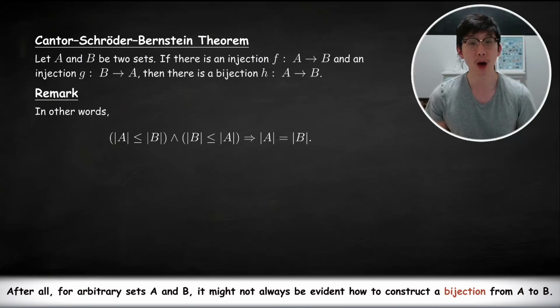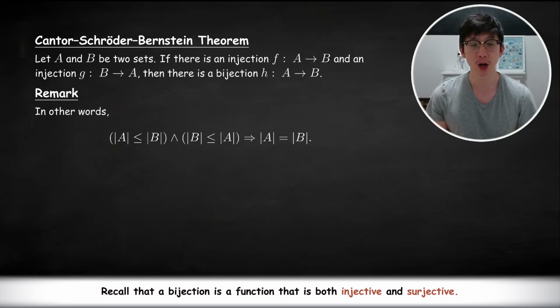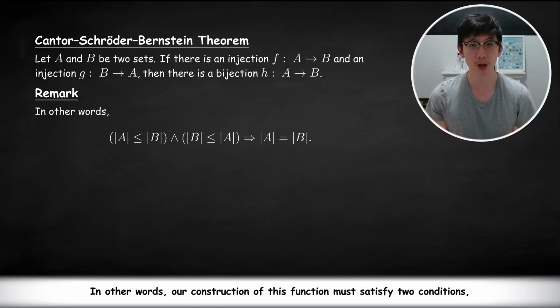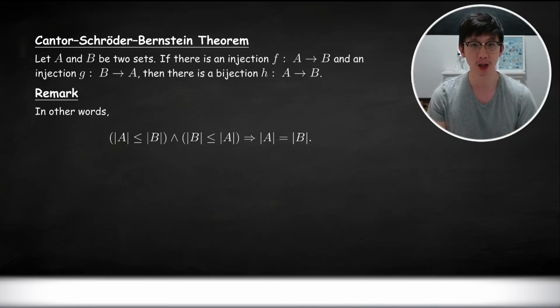After all, for arbitrary sets A and B, it might not always be evident how to construct a bijection from A to B. Recall that a bijection is a function that is both injective and surjective. In other words, our construction of this function must satisfy two conditions, which can be very demanding and complicated.